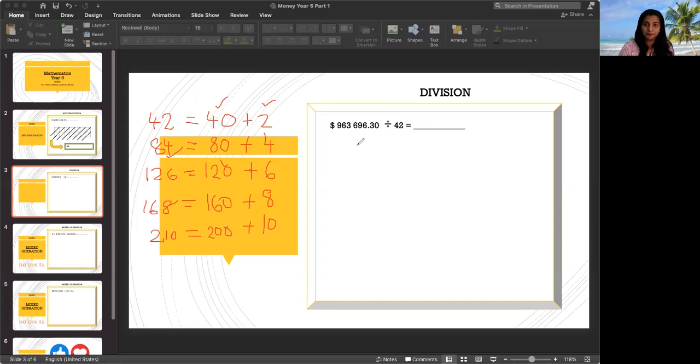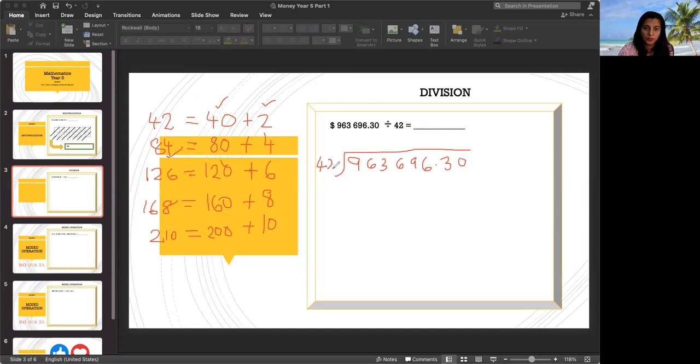Okay, so let's see. First and foremost, write down this whole number sentence in a standard written method. So yes, 9636.30 divided by 42.